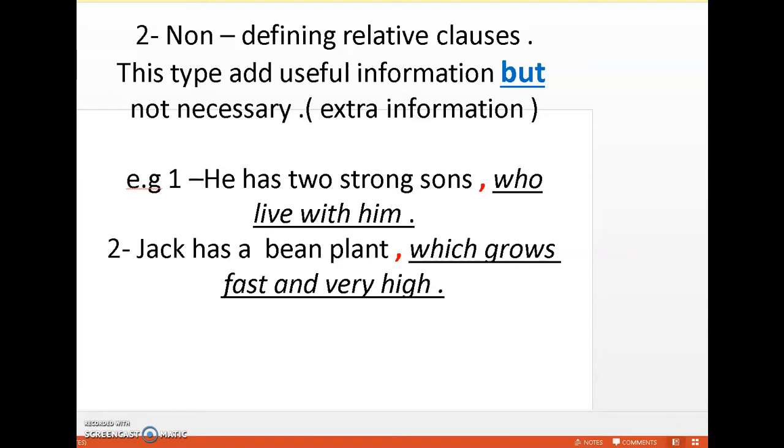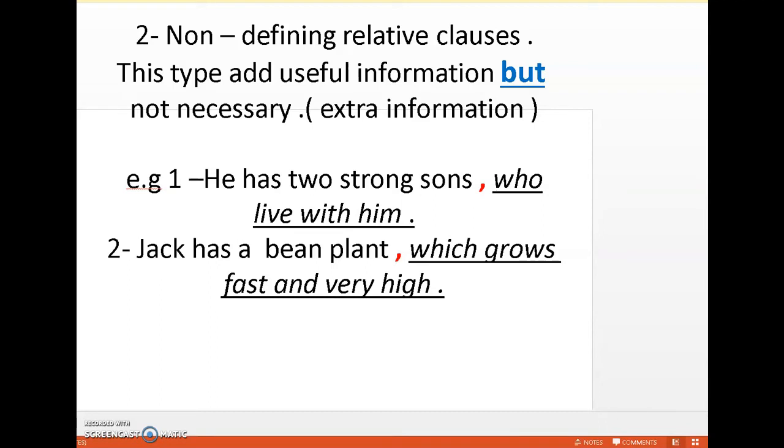It's a meaningful sentence, but we add extra information about the plant, which grows fast and very high. The plant grows fast and very high.